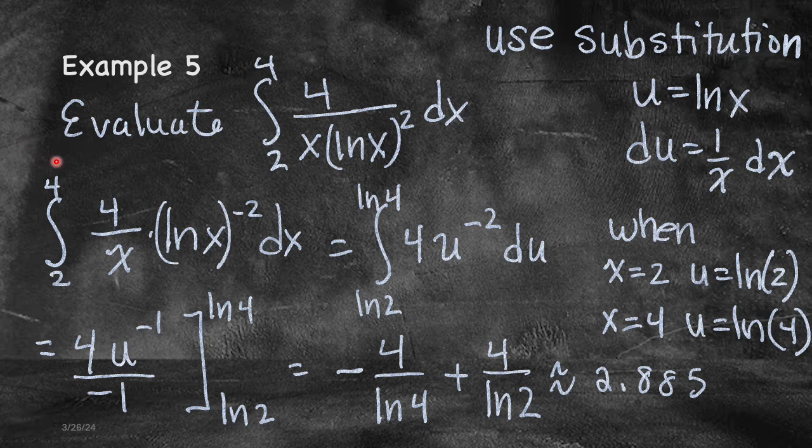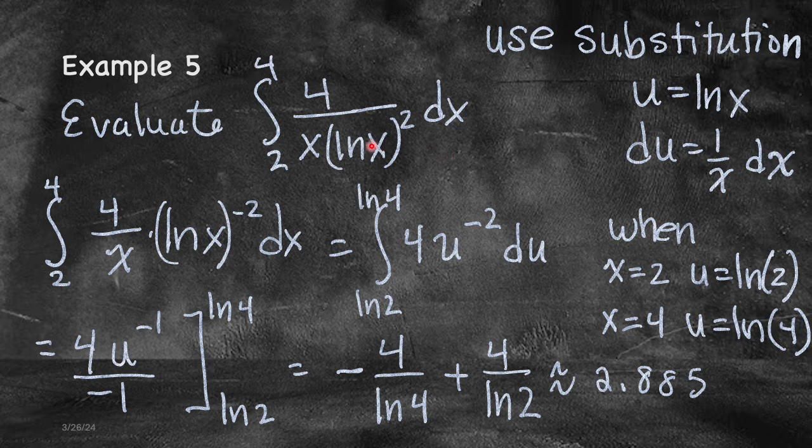Looking at example 5, I'm going to evaluate the integral of 4 over x times the natural log of x squared, dx. This is what we want to evaluate. It looks fairly complicated to do directly, so we're definitely going to have to use substitution.